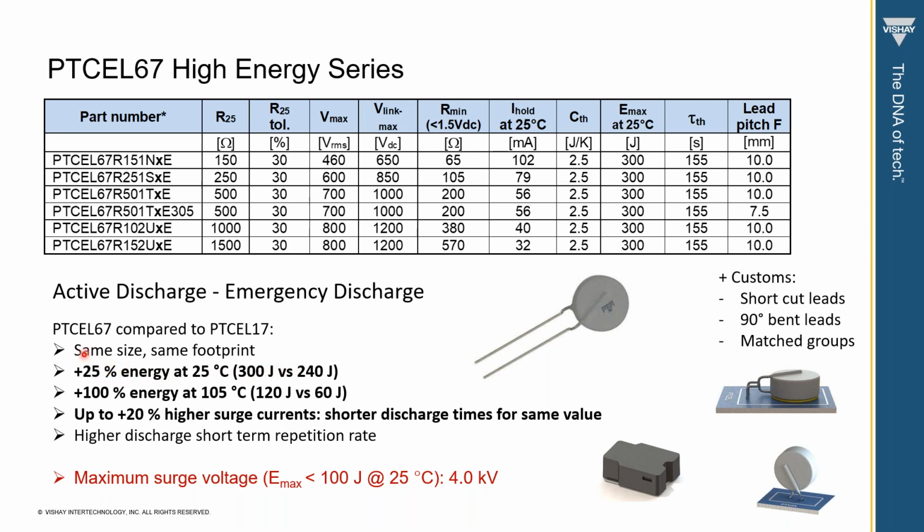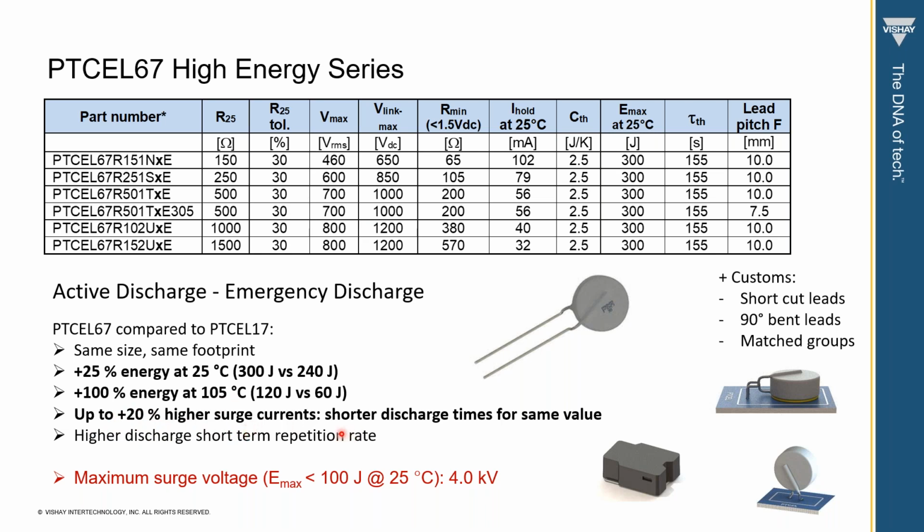And we have a 25% increase in energy at 25 degrees C, so it's 300 joule versus 240 joule. 100% increase in energy at 105 degrees C. And we have up to 20% higher surge current.